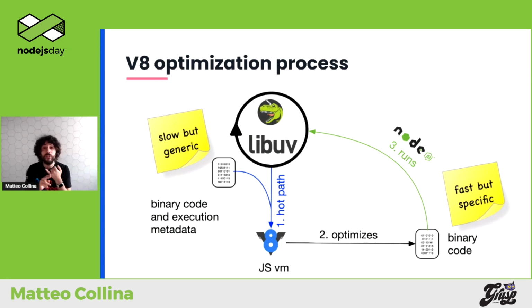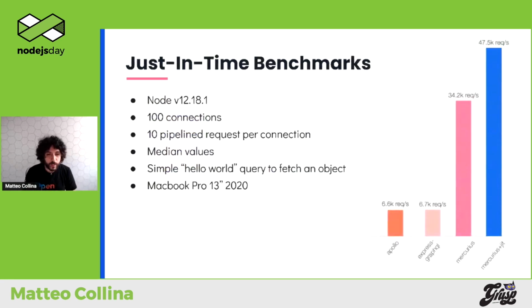For example, which objects are passed in, which types, which prototypes, all those infos. All of that is called shapes. Now, it knows way more about that function than it did before, so it can take that function and optimize it into some fast but specific binary code. There is also an inverse process called de-optimization when it did this the wrong way, but don't worry about it for now. So what does this give us?